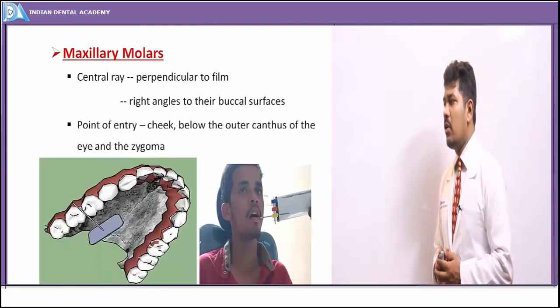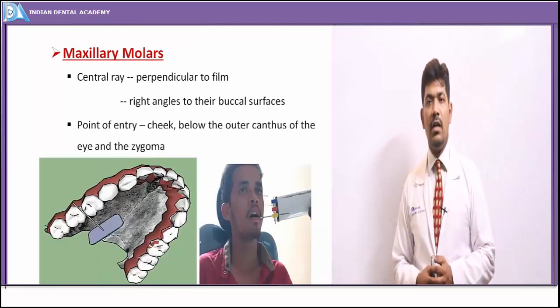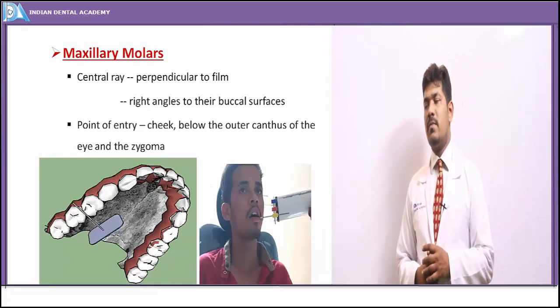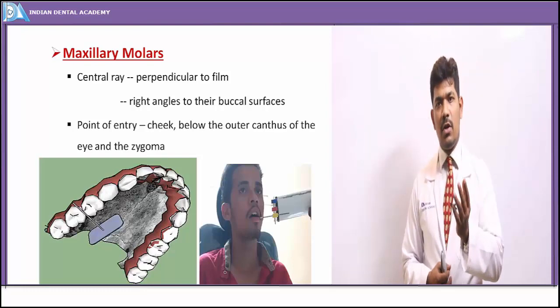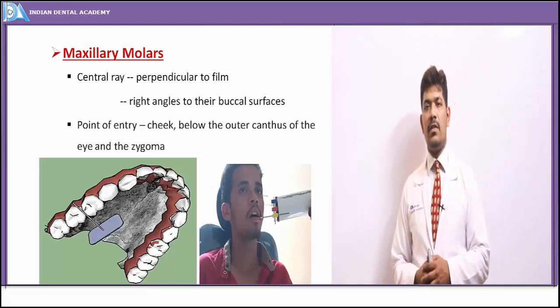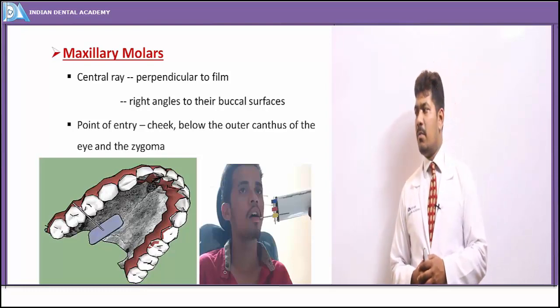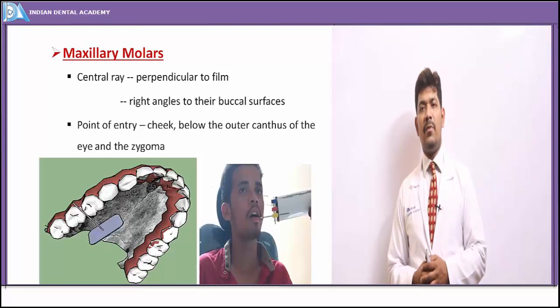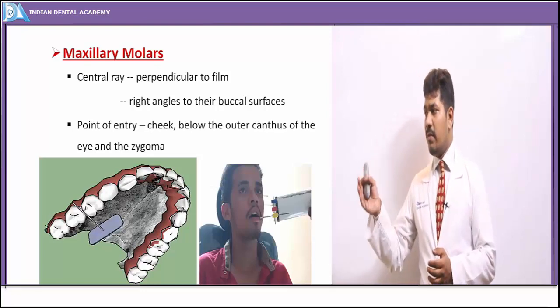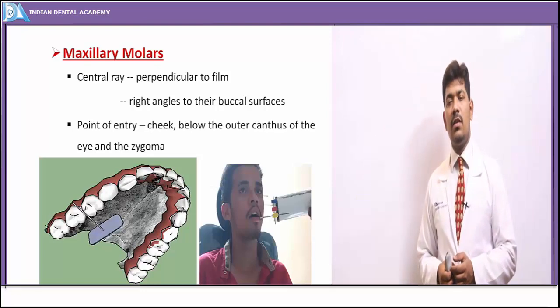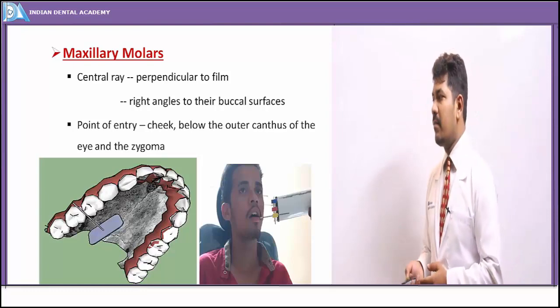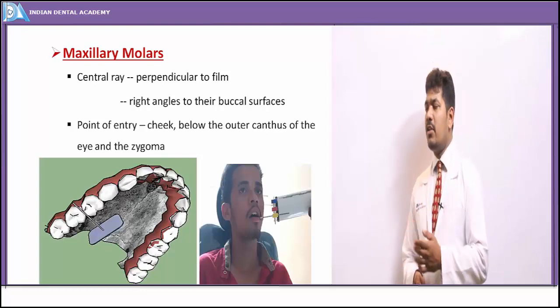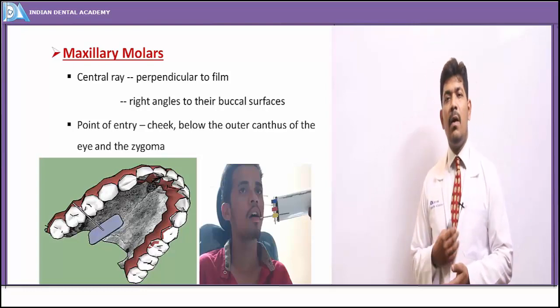Now the maxillary molars, this is basically taken for the first and the second molars. Normally in full mouth radiographs, the third molar is not included, primarily because of its most obvious absence in most of the people. So what we take into consideration is the first and the second molars, and this projection is taken for that. Again, the central ray is perpendicular to the film and also at right angle to the buccal surfaces.